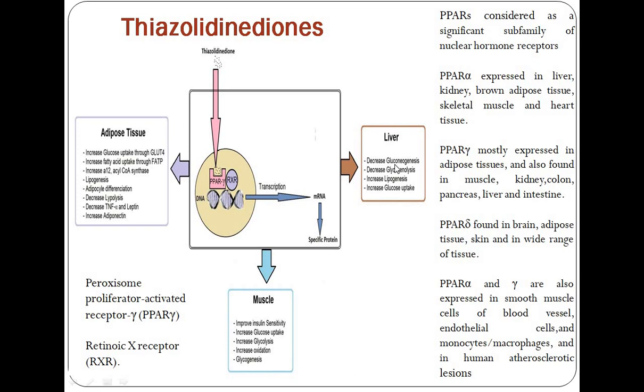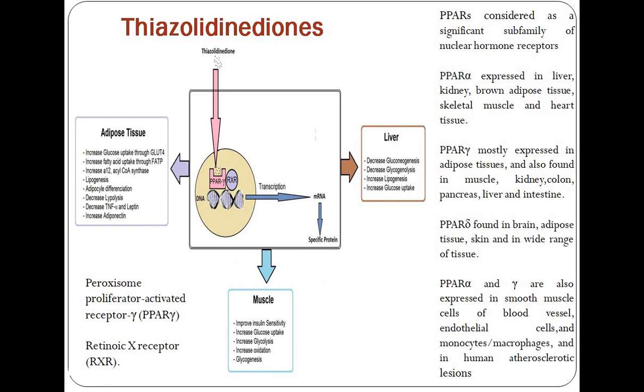In liver: decrease gluconeogenesis, decrease glycogenolysis, increase lipogenesis and glucose uptake. So all those things are helpful in maintaining the blood glucose level. Muscle, again, they are increasing the insulin sensitivity, increase glucose uptake, increase glycolysis, increase oxidation and glycogenesis.